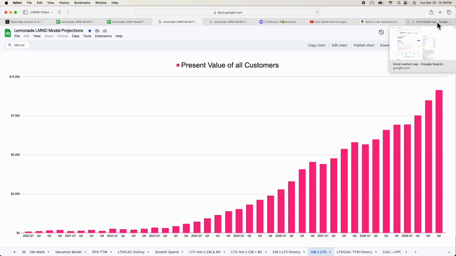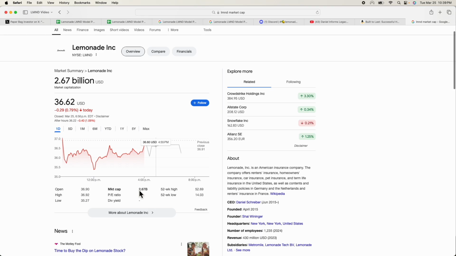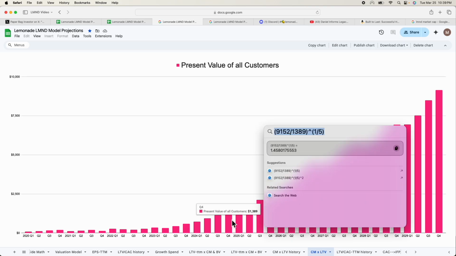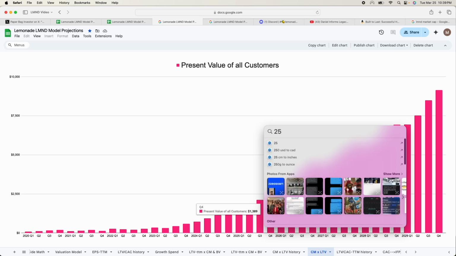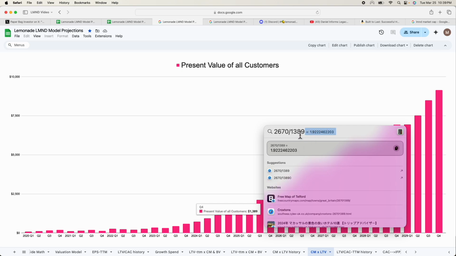It's kind of interesting, actually. You could think about it right now that Lemonade's market cap is $2.67 billion. I haven't really expanded this out too much, but say 2.67 billion market cap divided by 1,389. We'll call this 1,400. We're 1.9, kind of 2x the market cap.